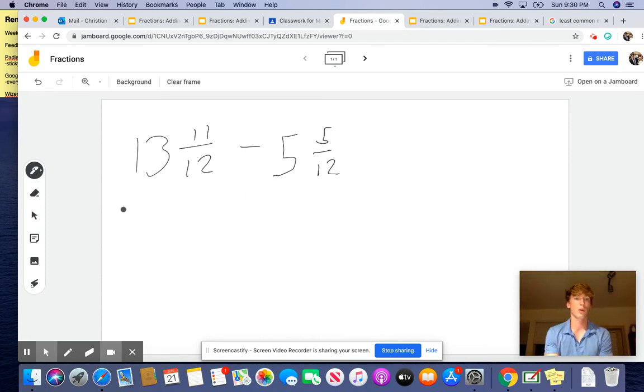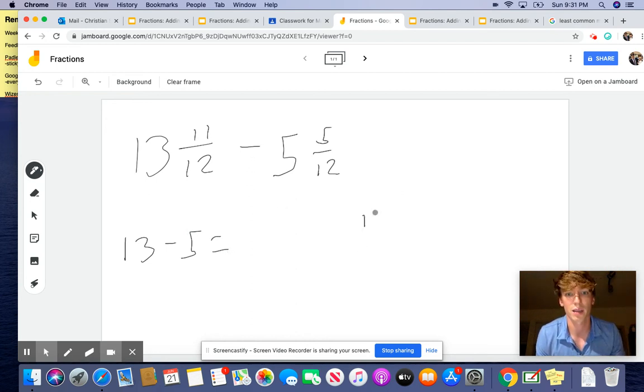Okay, so we're going to separate our big numbers first. So we have 13 minus 5. And then we're going to put our fractions over here. So we have 11/12 minus 5/12.